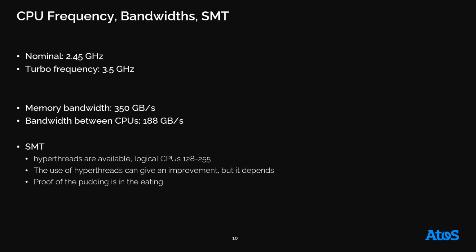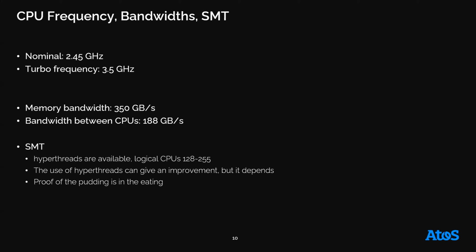Something about the frequencies and other things. The nominal frequency of the CPU is 2.45 gigahertz. This is the frequency that it can always achieve for your application.